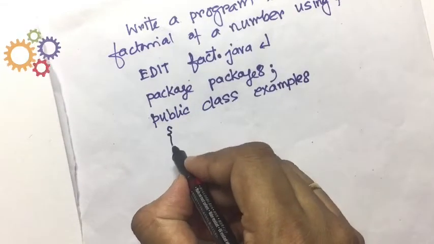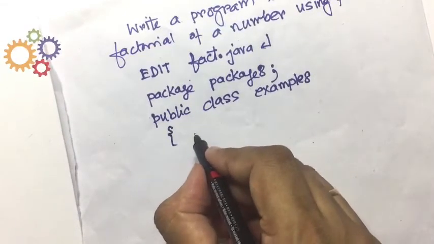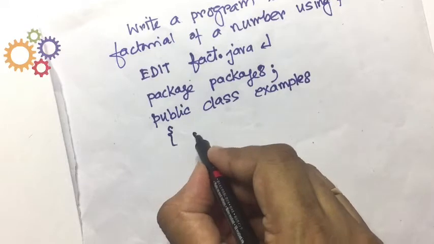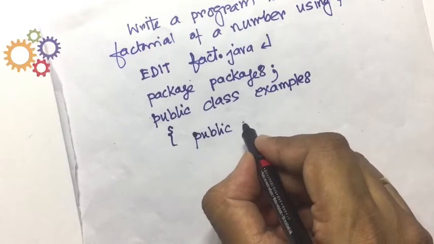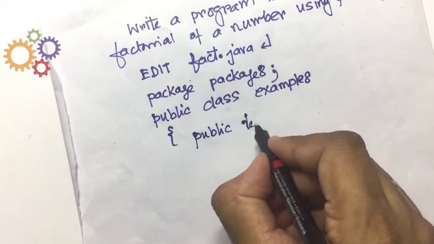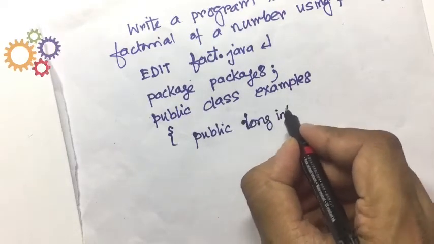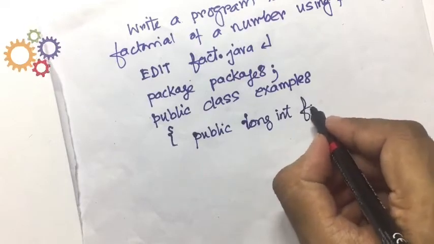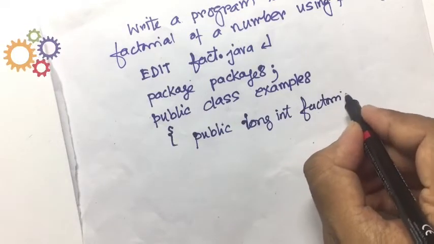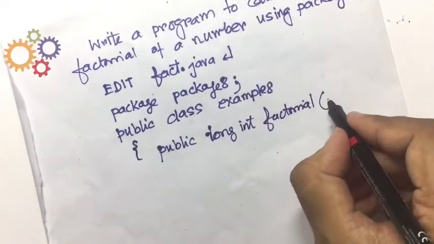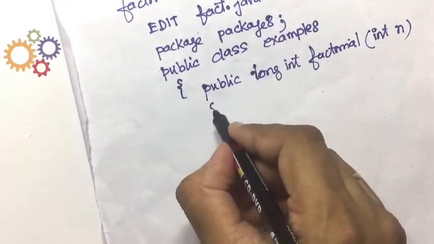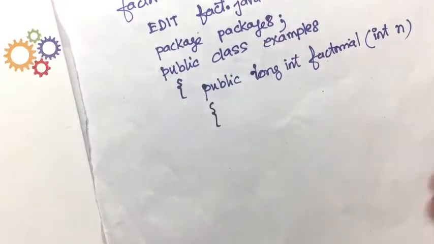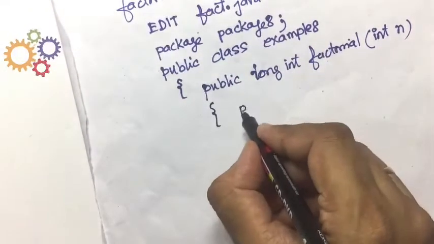Now within the example 8, there is a public method, public long int factorial. Suppose the name of the function is factorial, and the parameter is integer n, and within the factorial function there is a variable declaration.